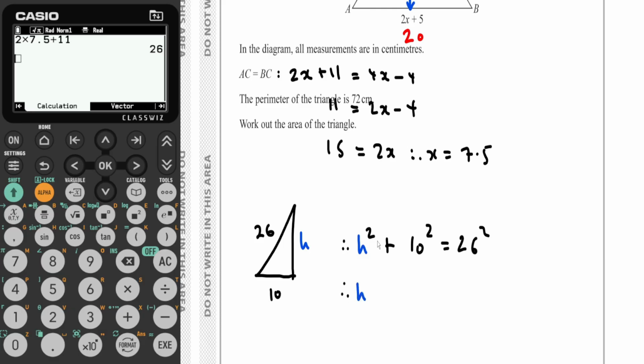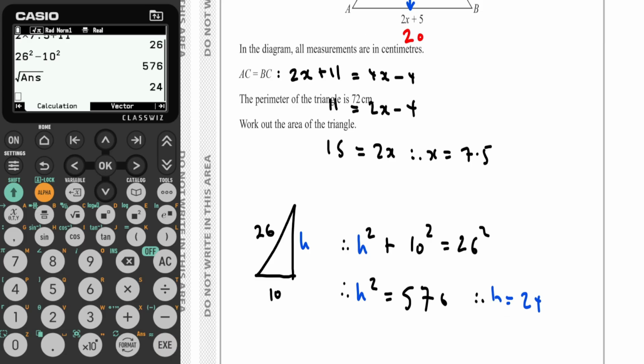So h squared, let's work this out, that's equal to 26 squared take away 10 squared, which is 576, meaning the value of h will equal the square root of this, which is 24.